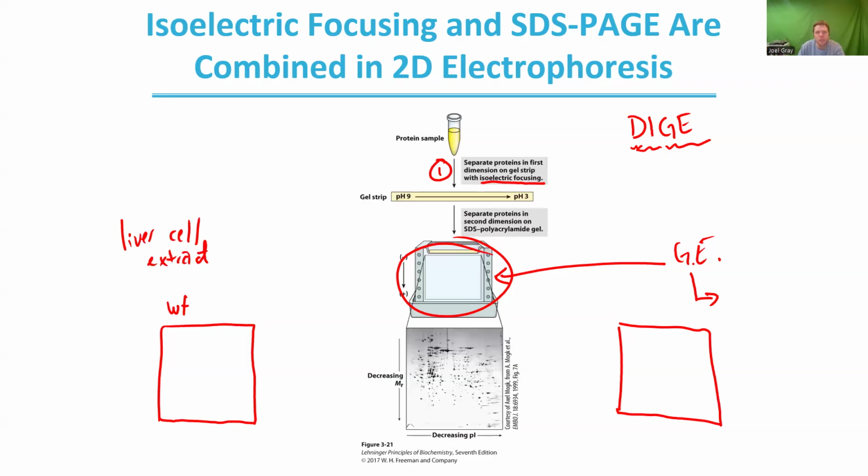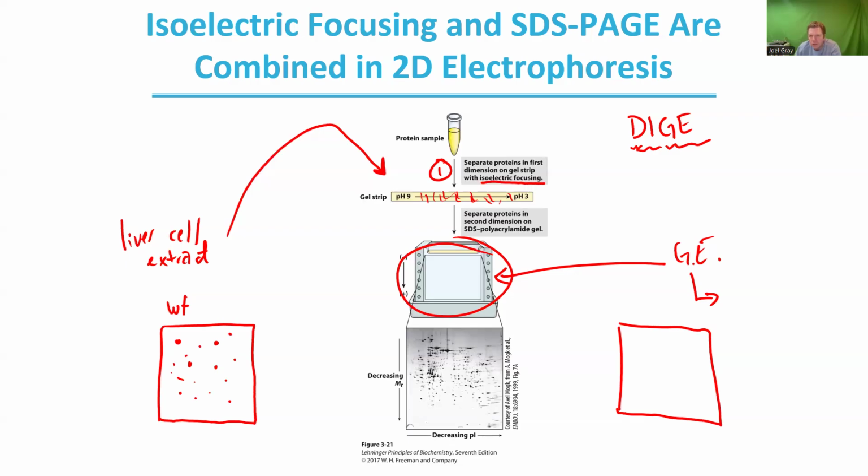They'll take all the proteins within liver cells and separate them based on pI. Okay, so there's going to be tons of proteins on there, and that's not going to give you a whole lot of information. But then when you apply it to this gel electrophoresis, your proteins are going to separate based on their molecular weights. And you're going to get something that looks a little bit like this. All of these dots represent different proteins.